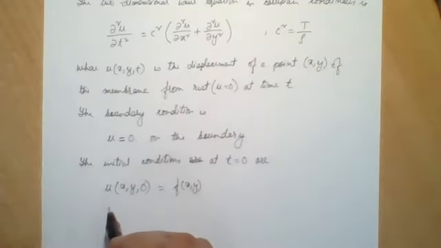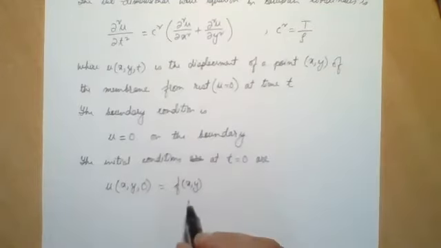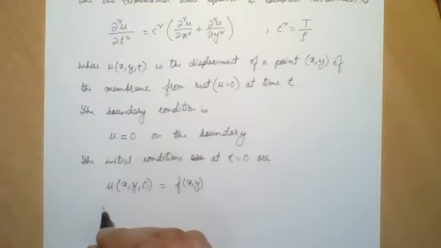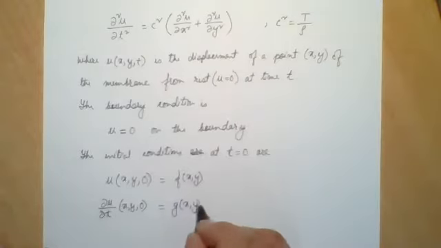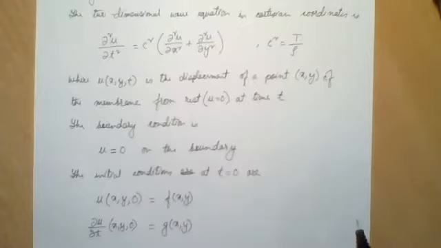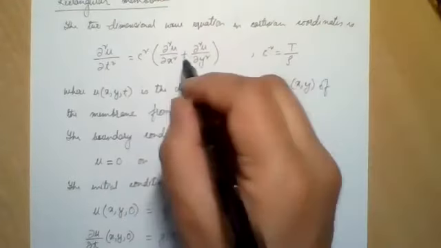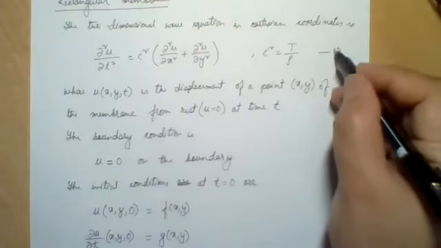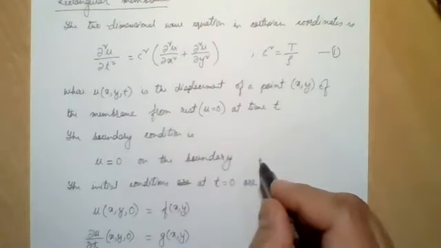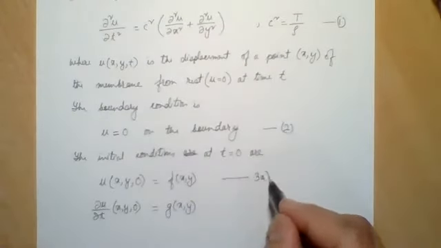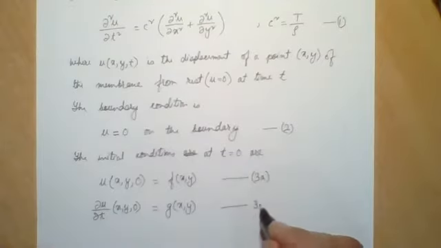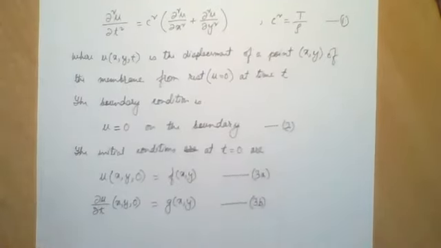Then the second initial condition is the initial velocity of the membrane. That is given by ∂u/∂t calculated at x, y, and t equal to 0, and this is given by g(x,y). Let us give the wave equation as equation number 1, the boundary condition as equation number 2, and the initial conditions as equations 3a and 3b.